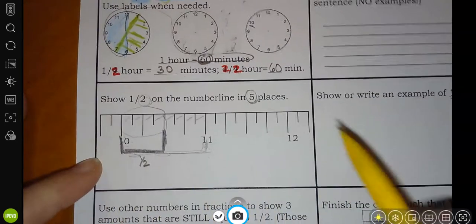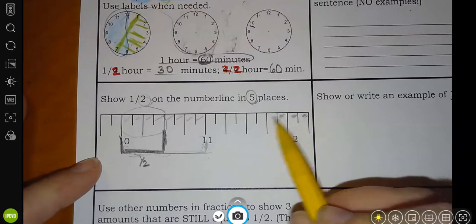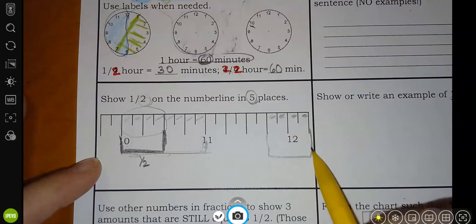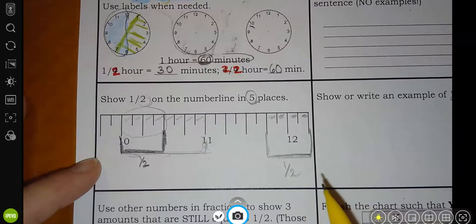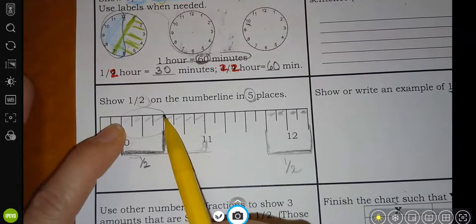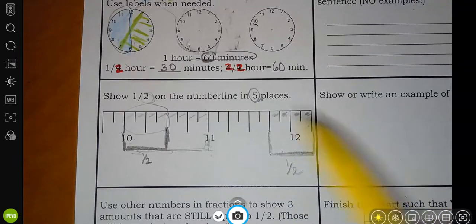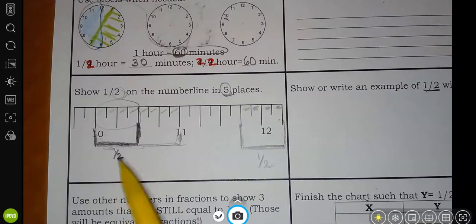So couldn't I say 1, 2, 3, 4? Wouldn't that be equal to 1/2? Is it the same size? Sure thing. You need to find 5 halves on this line. I've already showed you 2 of them.